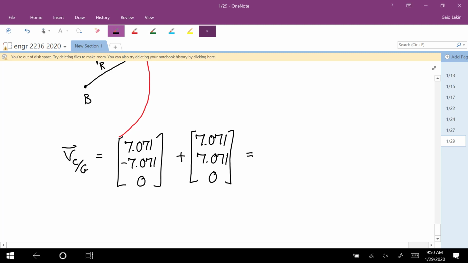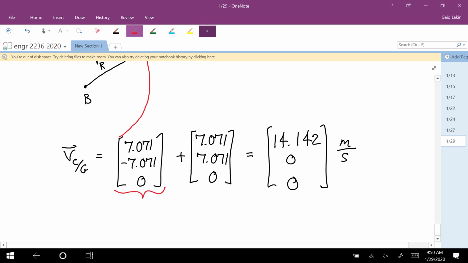And you get a final velocity vector of 14.142, 0, 0 meters per second. This here was the velocity of C relative to B. And this was the velocity of B relative to the ground.